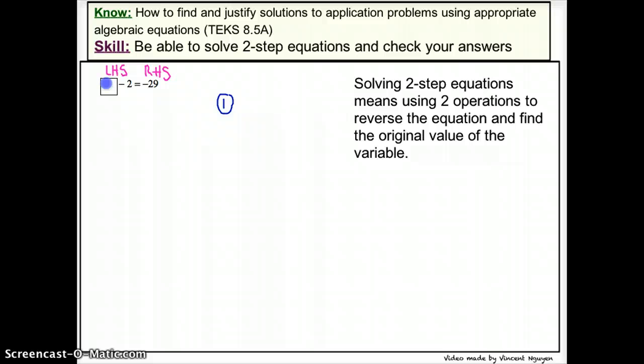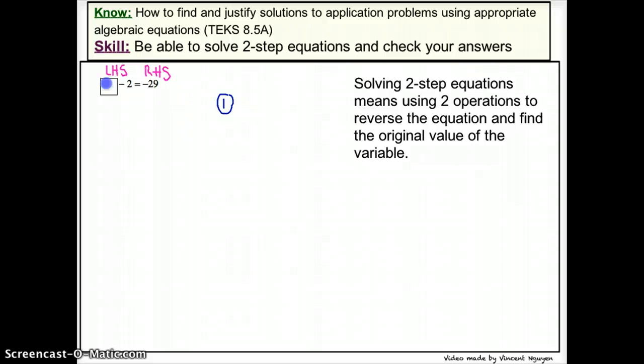By covering up the variable term, you will see the constant term that needs to be combined. In this situation, we have a negative 2 on the left-hand side and the negative 29 on the right-hand side. So we need to combine those two.